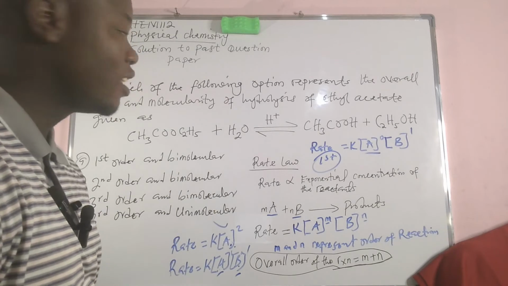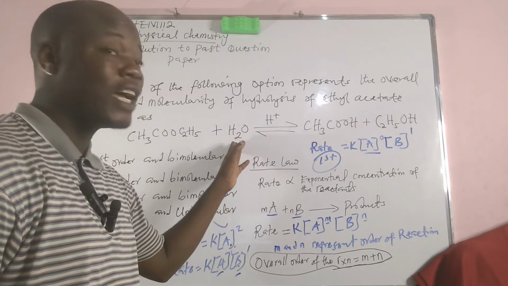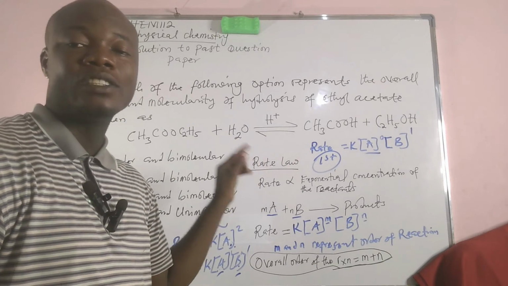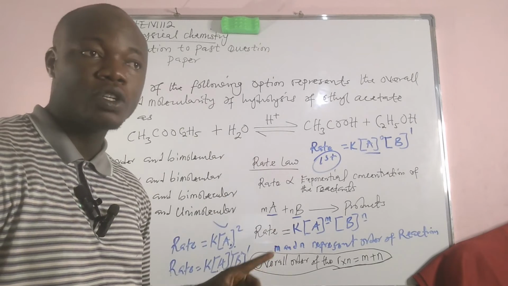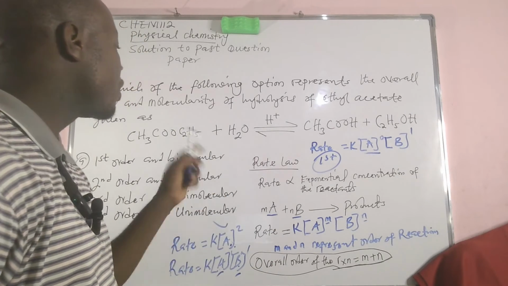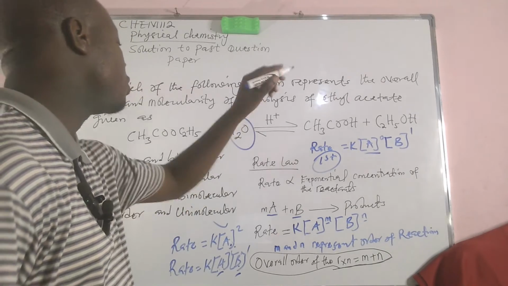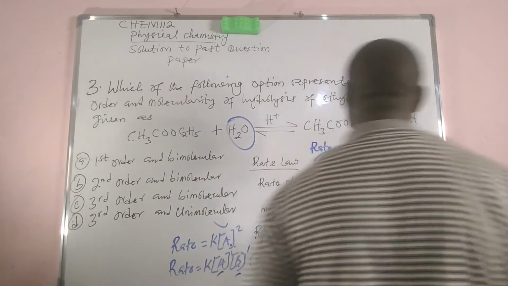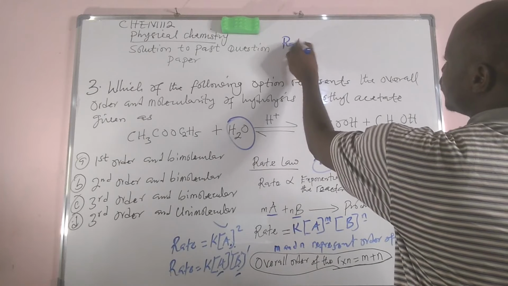Because water is used for the hydrolysis throughout this reaction, the concentration of water is higher and constant throughout, so the rate of this reaction is independent of the concentration of water molecules.